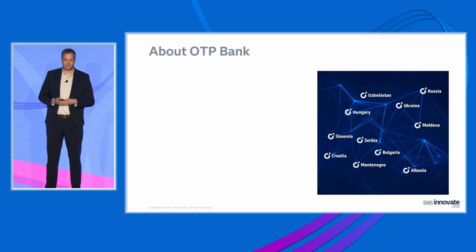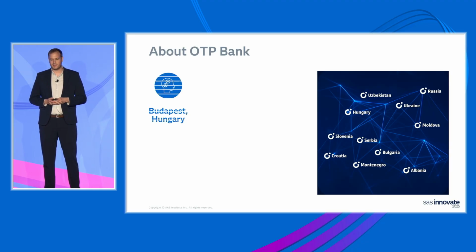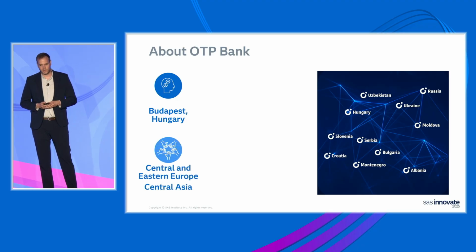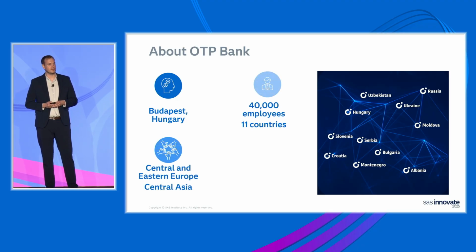But let's go further. Of course, we're not alone with Zsolt in this project, because companies were standing behind us. So we quickly would like to introduce our companies as well. As I just told you, I'm from OTP Bank. It's a bank in Hungary. Our headquarters is in Budapest, Hungary, but we are also market leaders in Serbia, Montenegro, as well as in Bulgaria.